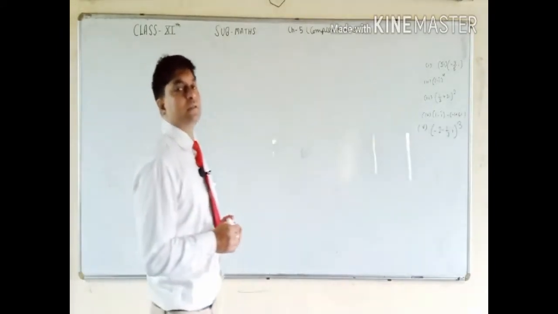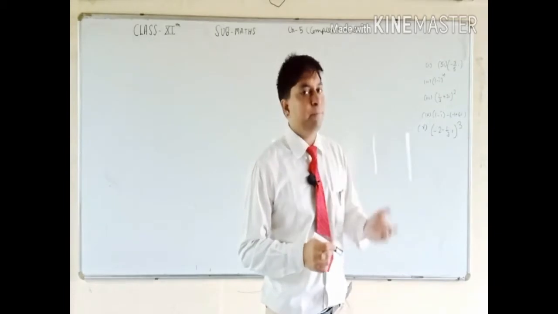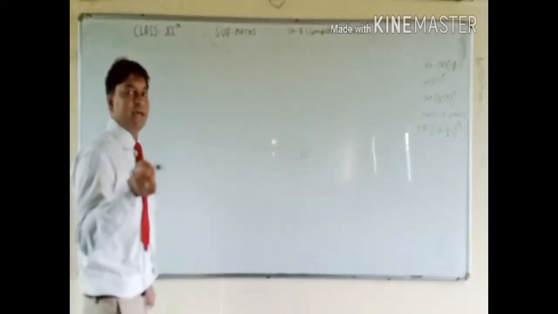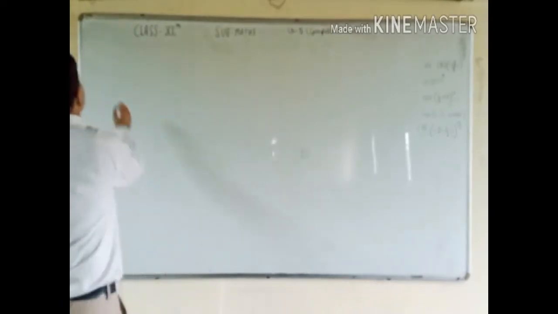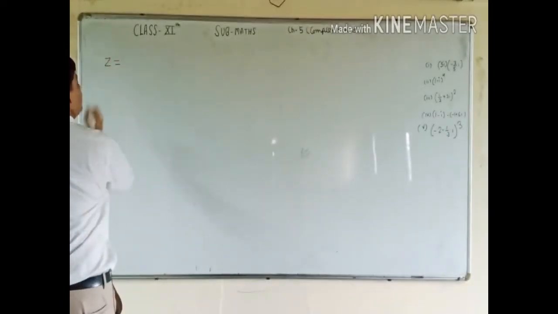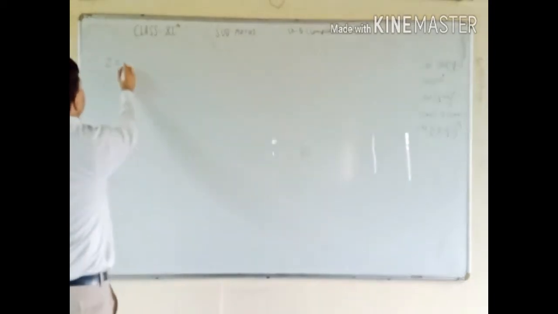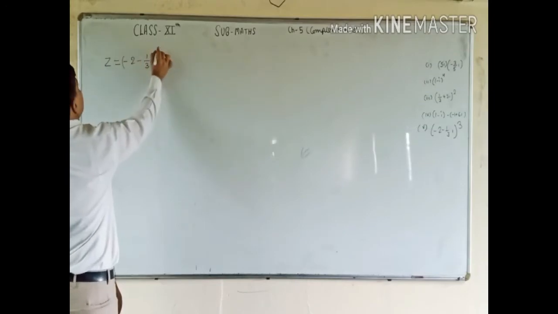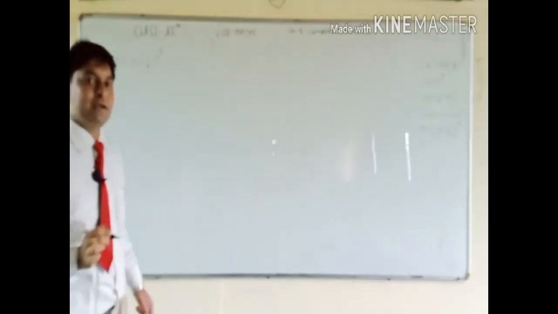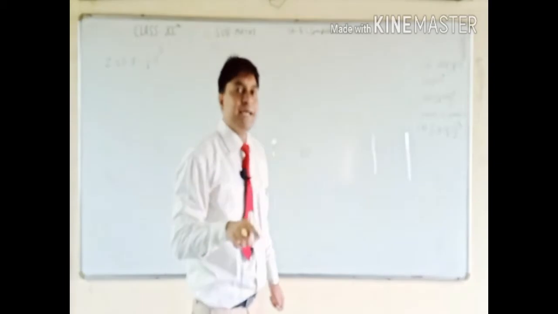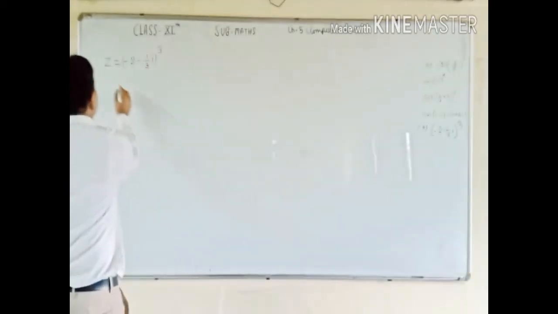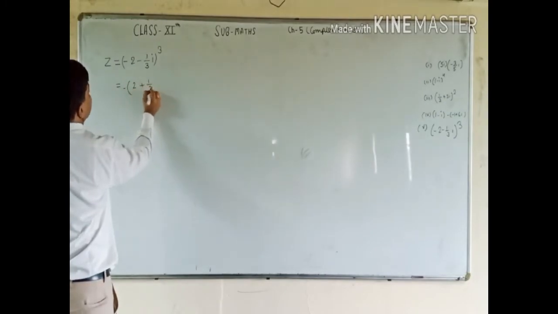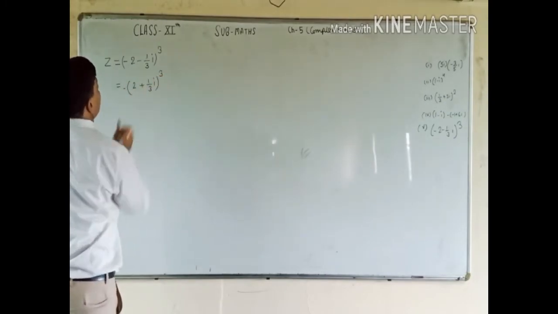Now the last question of exercise 5.1 is to solve in the form of a plus iota b, where z equals minus 2 minus 1 upon 3 iota whole cube, and we know that minus sign is common, then this is 2 plus 1 upon 3 iota whole cube.